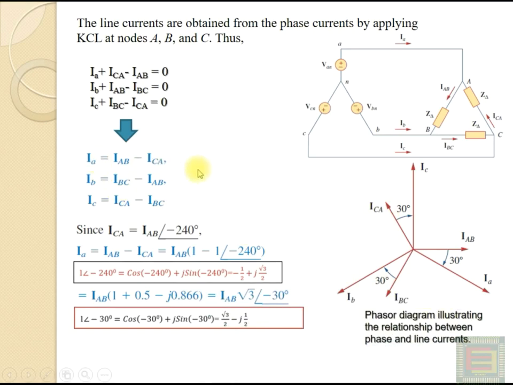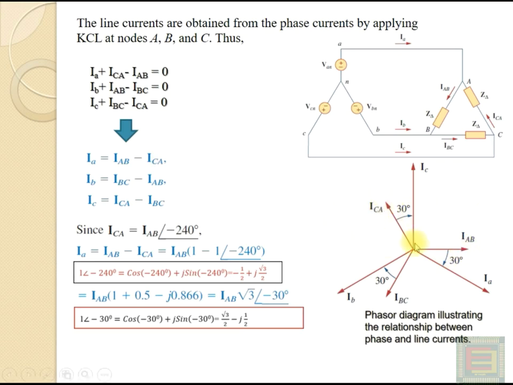From these relations, you can see that the line current IA is equal to IAB minus ICA. Both these terms are in phasor form, or in complex form. IAB minus ICA will be equal to the phasor sum of IAB and ICA reversed, that means IAB plus IAC. Here IAB is this phasor and ICA is this phasor.